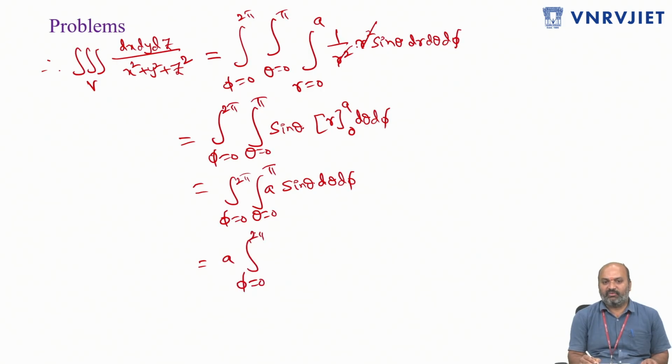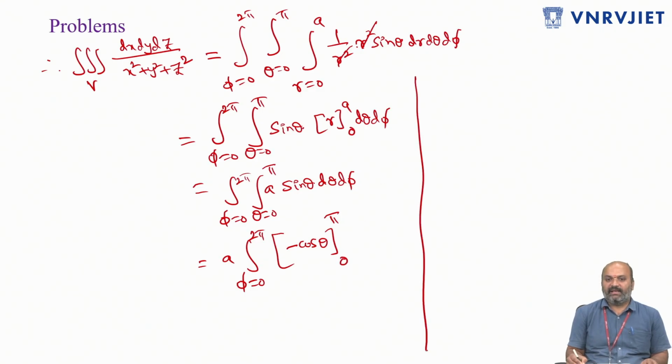Let's integrate with respect to θ. The integral of sin θ is minus cos θ, with upper limit π and lower limit 0.